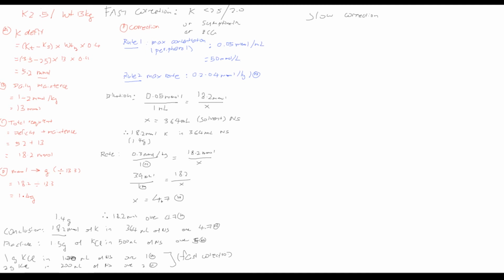So when do we use slow correction? Slow correction is when there is mild to moderate hypokalemia, where the potassium is between 2.5 to 3.5, or I mean 3, and the patient is asymptomatic for hypokalemia and there are no ECG changes.